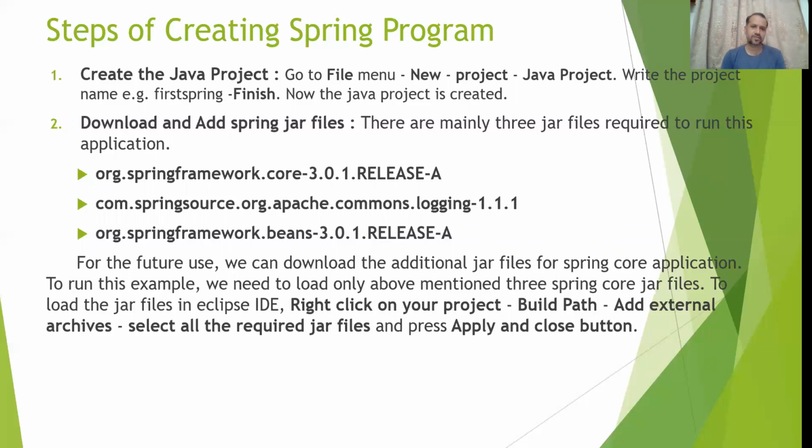And the second step is download, and these three files we have to write. First one is org.springframework.core-3.0.1.RELEASE-A, then com.springsource.org.apache.commons.logging-1.1.1, and another one is org.springframework.beans-3.0.1.RELEASE-A.